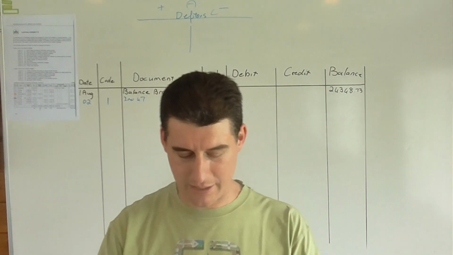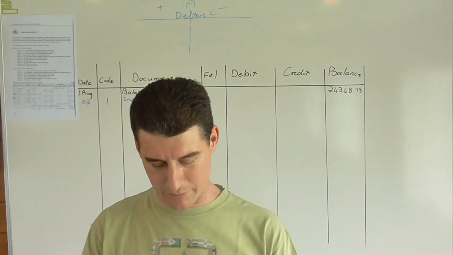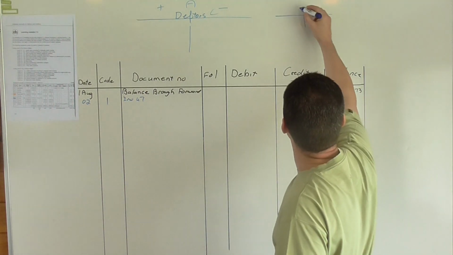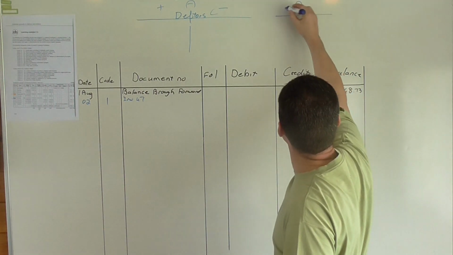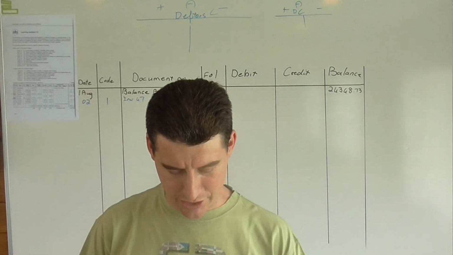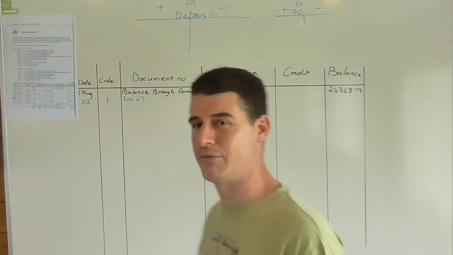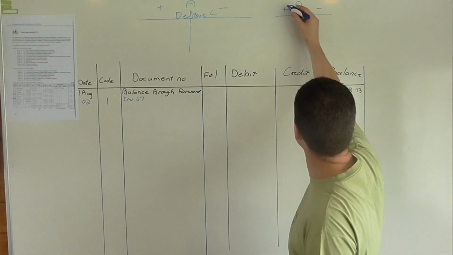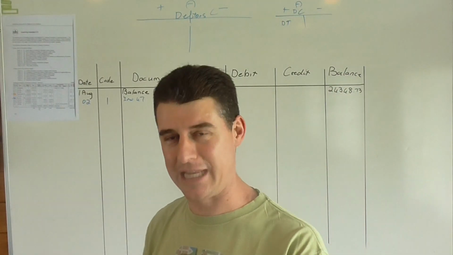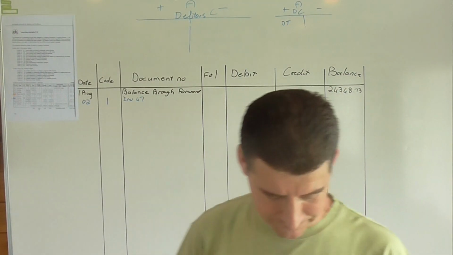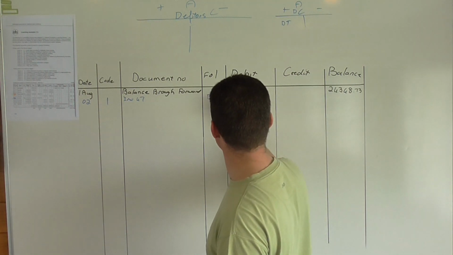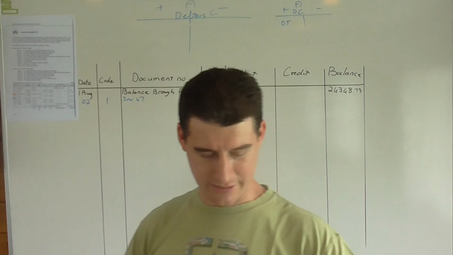Now the folio is, what book would that come in? If you remember previously, you draw your debtors control, asset plus minus. You sold goods to Joseph Solomon, so in other words, your debtors are increasing. And we remember that if your debtors increase, that'll be your debtors journal. So that'll be debtors journal 8.